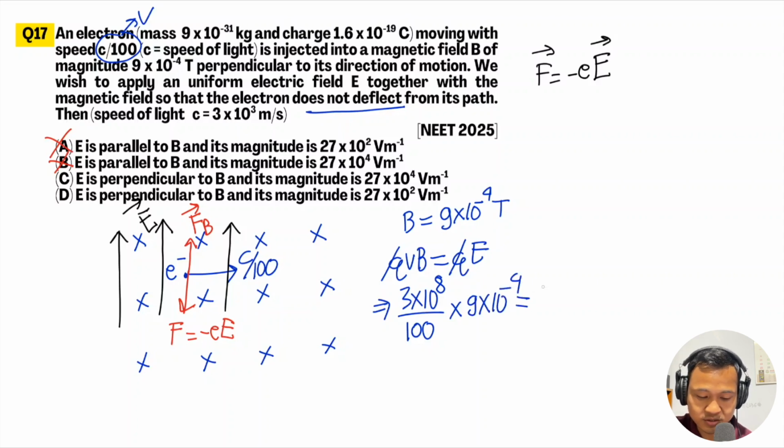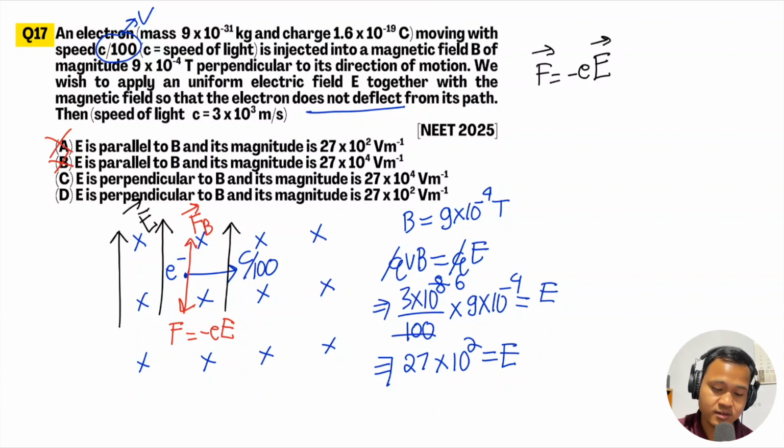So this equals the electric field. 9 threes are 27, into 10 power 2. So this is the electric field, 10 power 2, the last option.